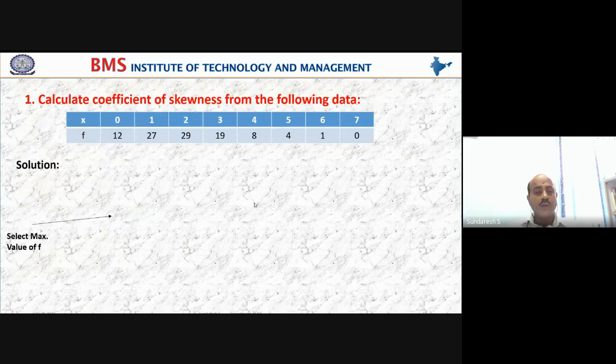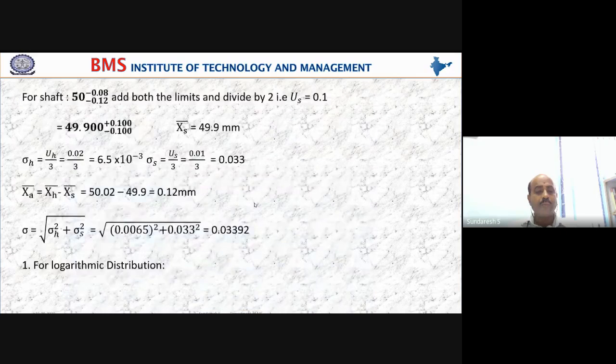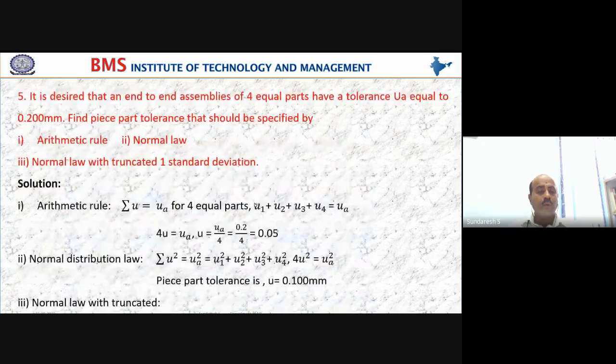Here we have four equal parts, so U1 is equal to U2 is equal to U3 is equal to U4. The sum of the tolerances is equal to the sum of the tolerances of the individual parts.